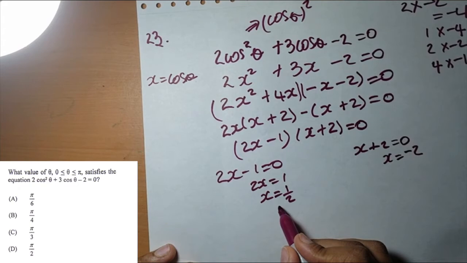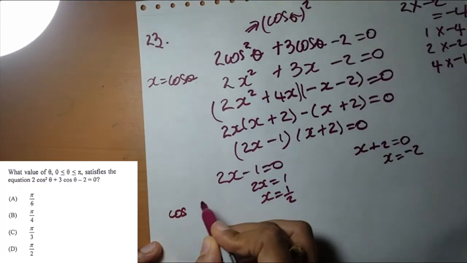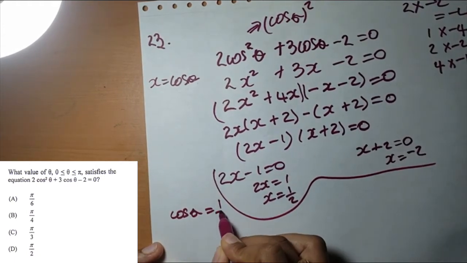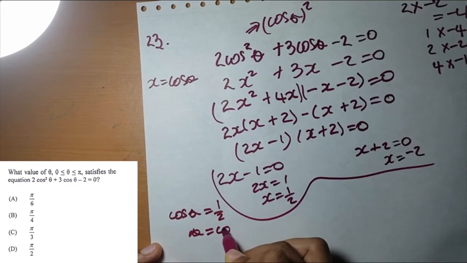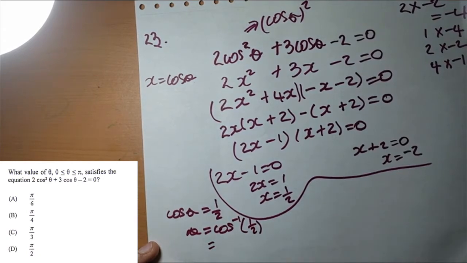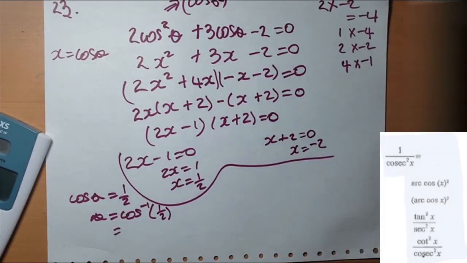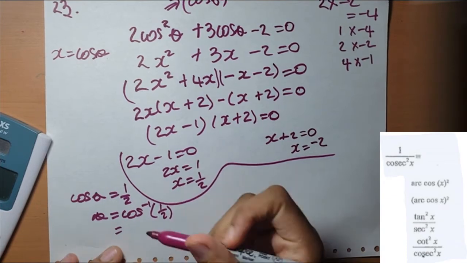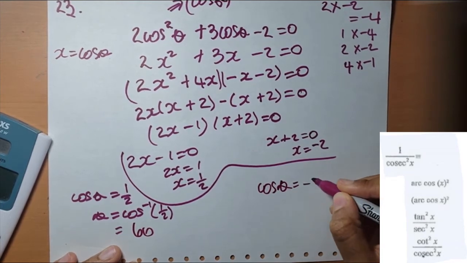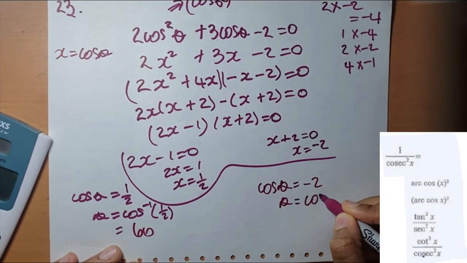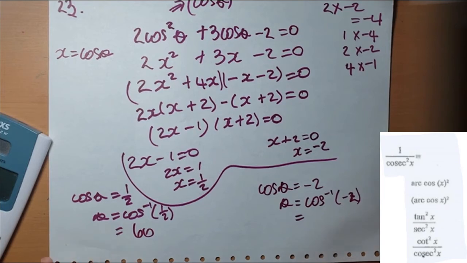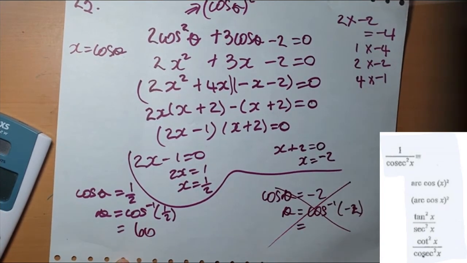Taking the first x, cos theta is equal to a half, therefore theta is equal to cos inverse of a half, which is 60 degrees. For cos theta equal to minus 2, theta is cos inverse of minus 2, and that is undefined, so this one is out, and we're going to focus on the other one.